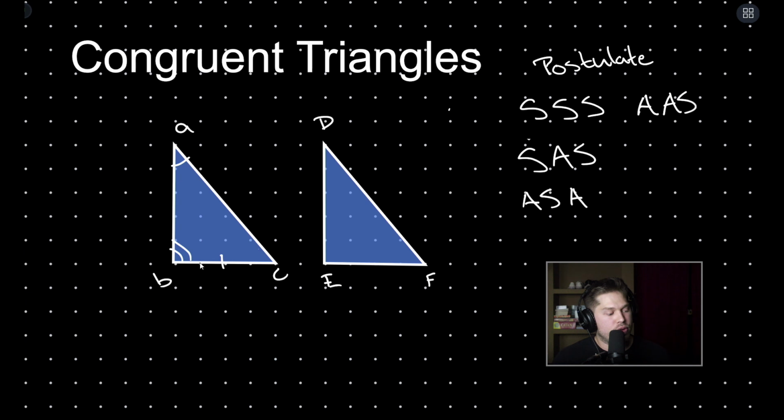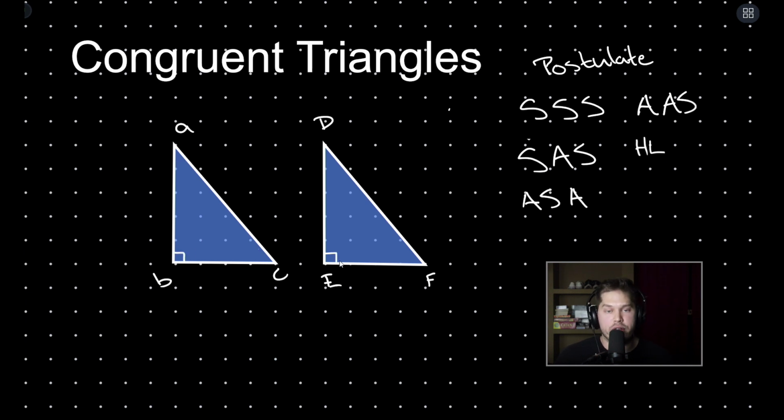And then the last relationship that allows us to know that our triangles are congruent is the hypotenuse leg relationship. The hypotenuse leg relationship, or HL, only appears in right triangles. So it's a given that these are right triangles.